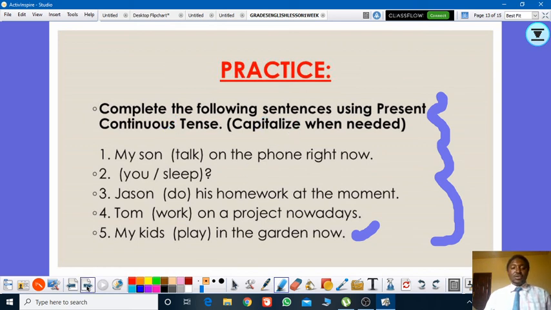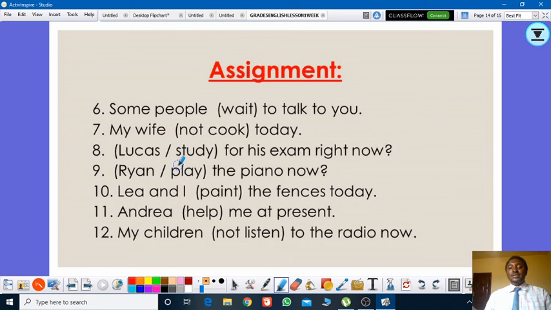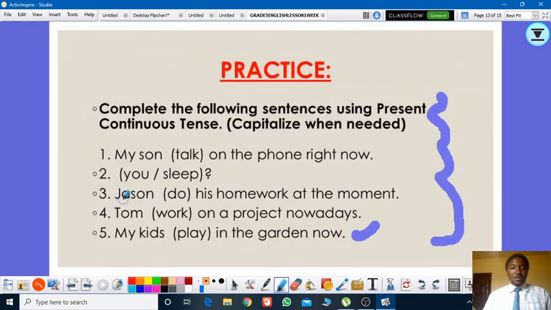You also need to capitalize where a capital letter is needed. For example, in the previous practice number 2, you need to begin with capital A because it is beginning the sentence.